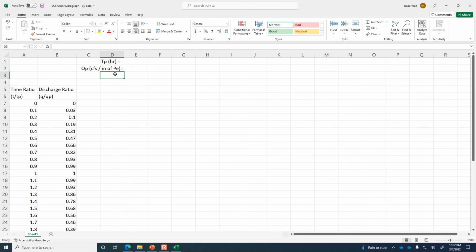And let's also have a cell where we define the precipitation excess. What we had calculated was 0.729 hours for the time to peak, and we determined that Q sub P is 1992 CFS per inch of rainfall excess.